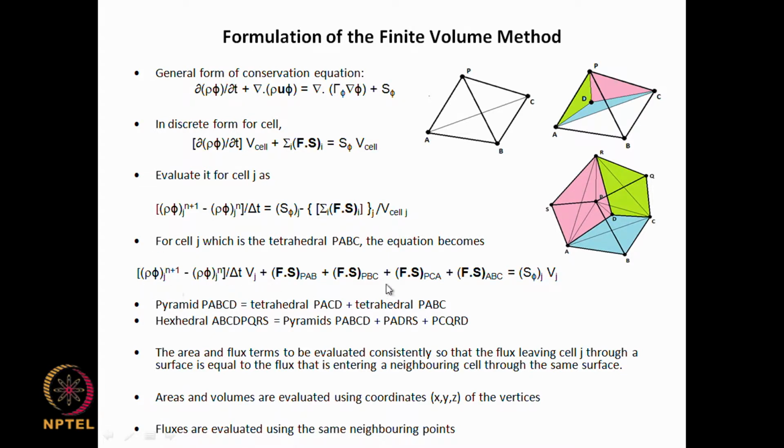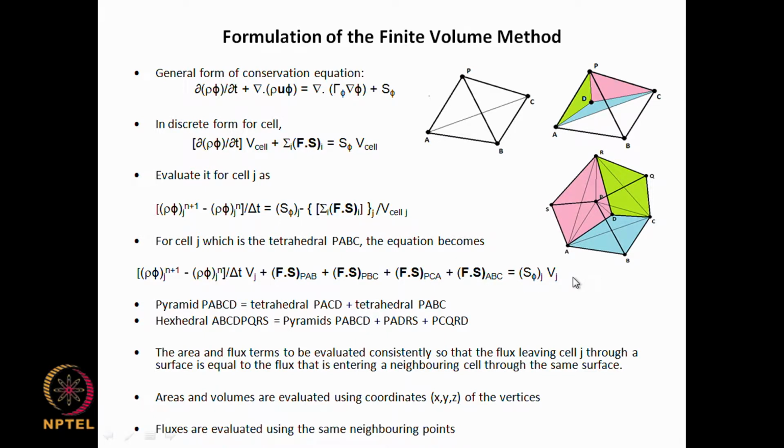so that we have an equation of this particular type: rho phi j n plus 1 minus rho phi j n divided by delta t times volume of the cell, and the net outgoing flux through all the faces is equal to the source term.